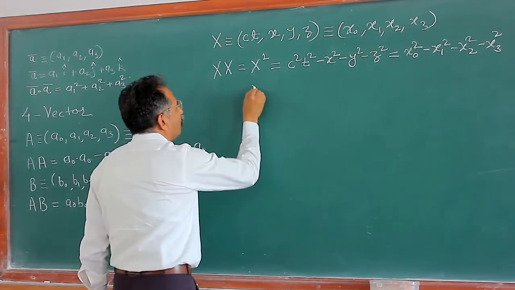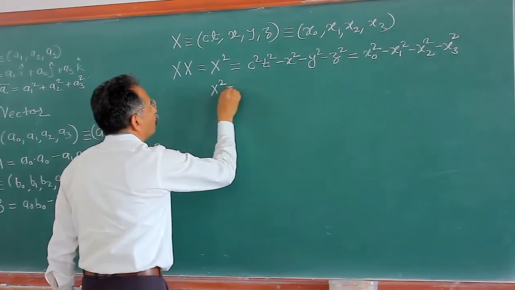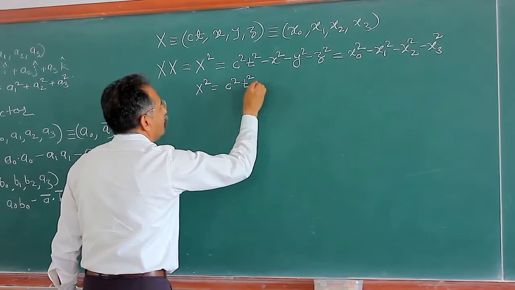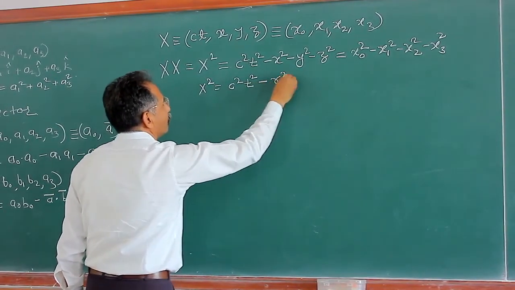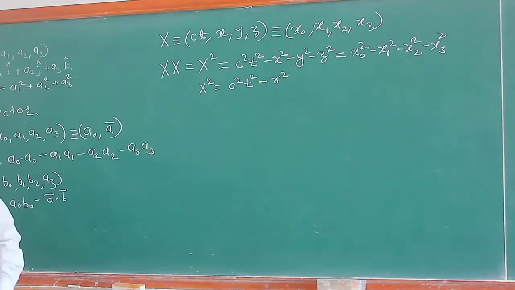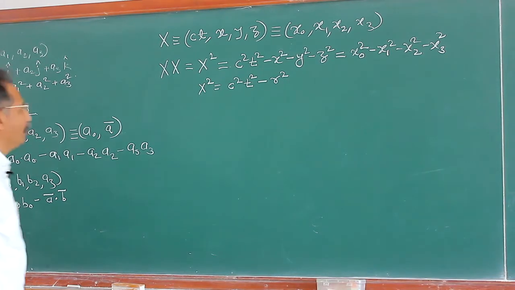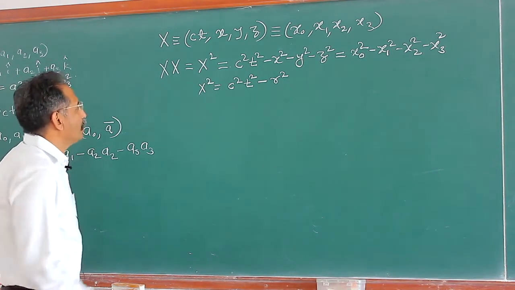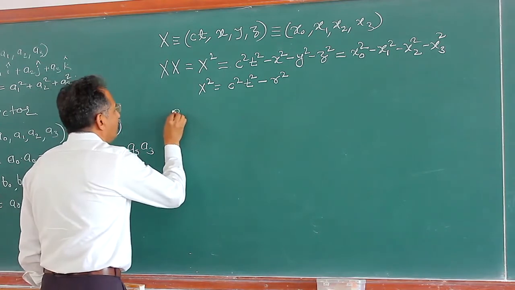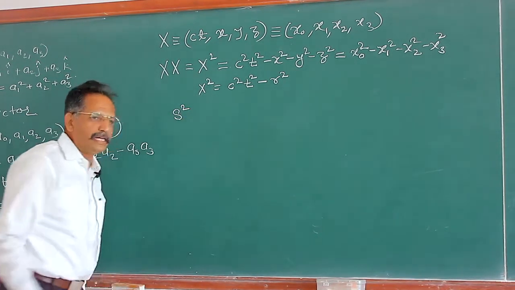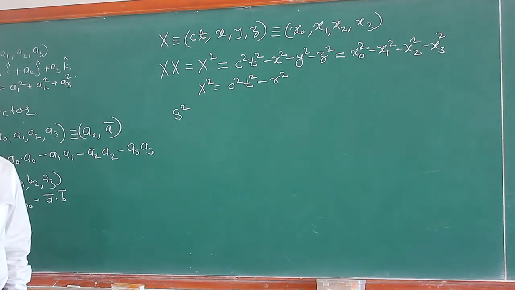So this can also be written as x square equal to c square t square minus r square, where r has the usual magnitude of a three-dimensional vector. Now this quantity in special relativity has a special status that we call interval, and interval is an invariant quantity in relativity.